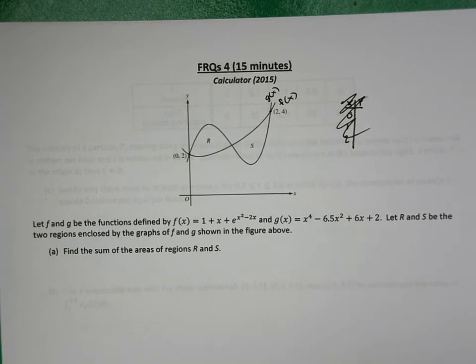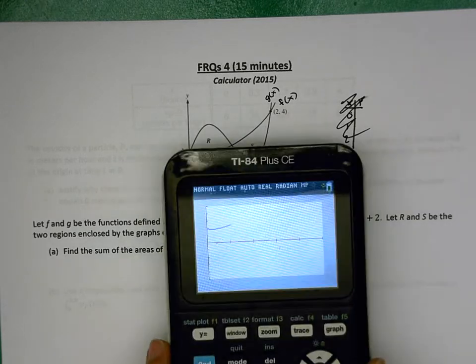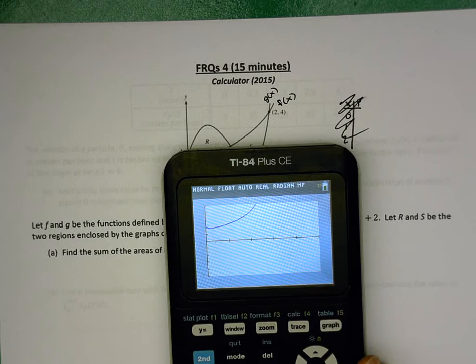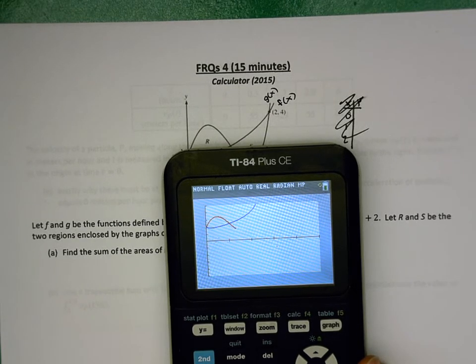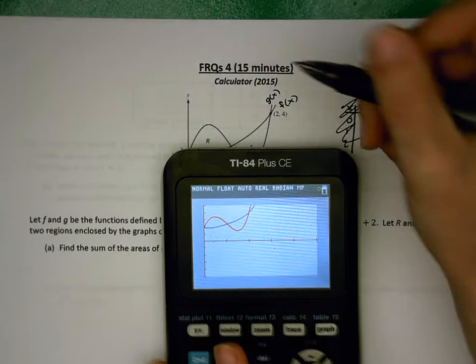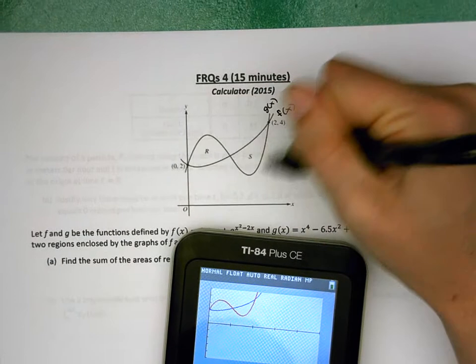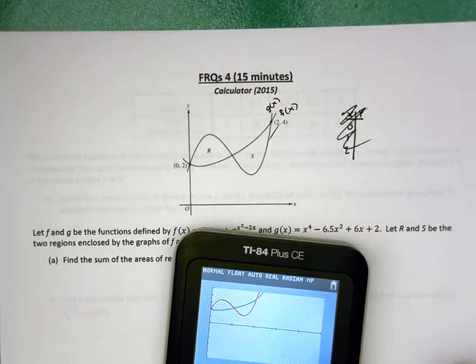Plus e to the x squared minus 2x, and x to the 4th minus 6.5x squared plus 6x plus 2. Okay, so there's my f of x function, the more quadratic-y looking one, and my g of x function, the more trigonometric looking one.